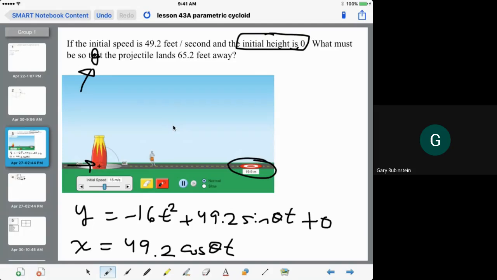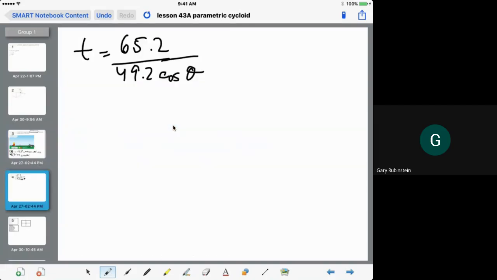So I make that 65.2 because that is my goal. But that's also when y is 0. So basically, when this thing hits the ground, which is at y equals 0, whatever time that is, y is going to be 0, while x is going to be 65.2. And that's why when I divided both sides by 49.2 cosine theta, we got t equals that.